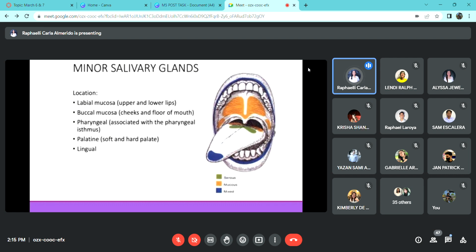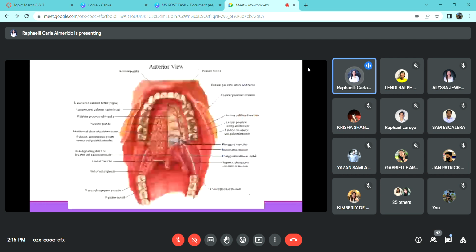There are also some in the pharyngeal area, the palate, and on the tongue. On the palatal area, you will see the retromolar glands and the palatine glands. Those areas are also producing secretions.